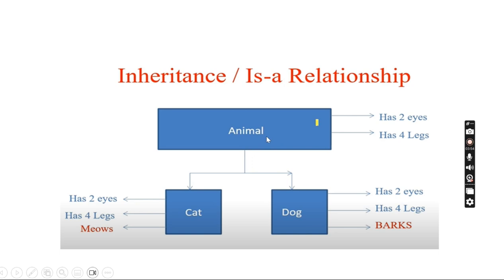The other benefit of inheritance is code reusability. Whatever is common, like two eyes and four legs, we implement in the animal class, and dog and cat extend those properties. They should not write the eyes and legs implementation; they should write their specific implementation only.